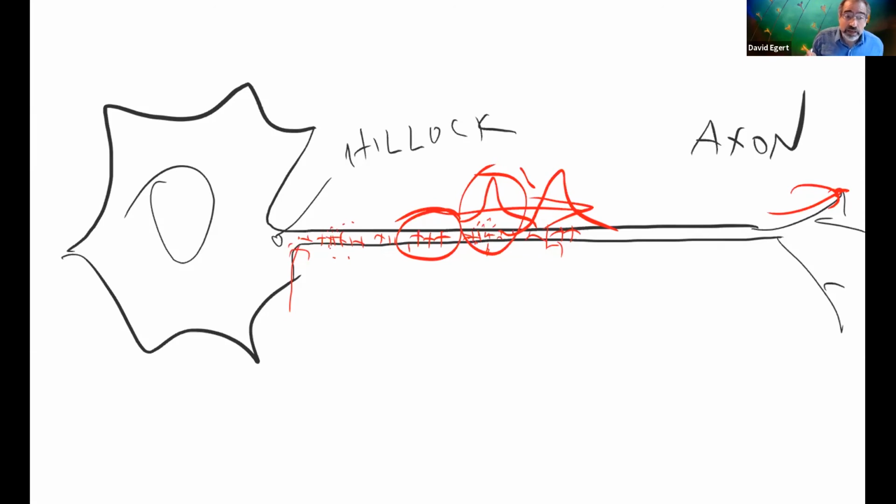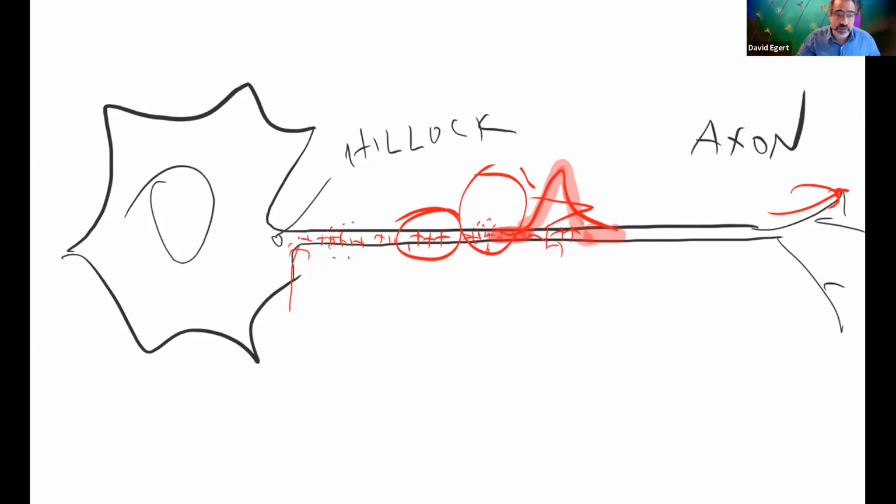So we could ask the question, in fact, I am going to ask the question: how come when this action potential is going right here, it's exciting the membrane on either side of it, really.